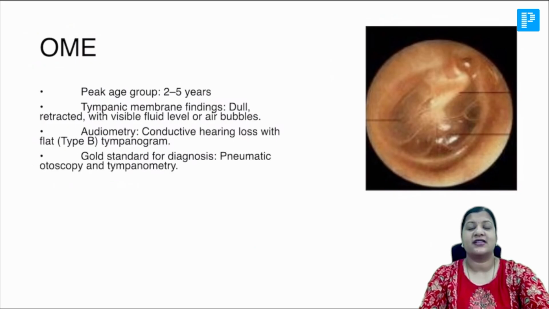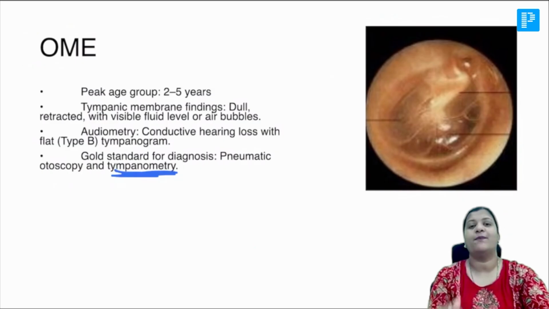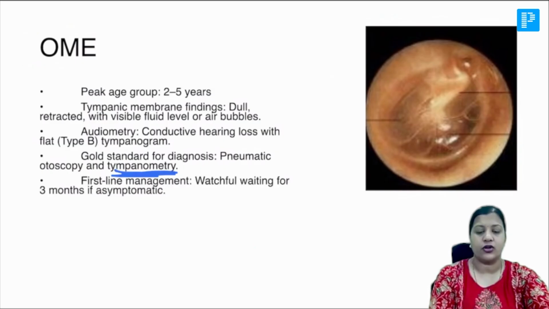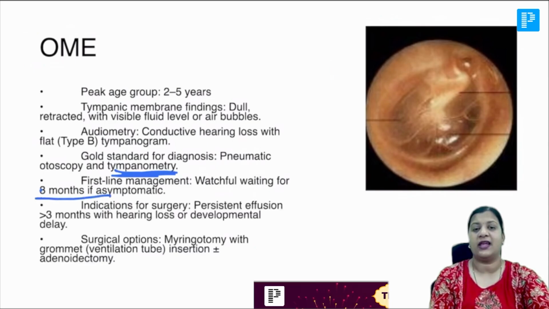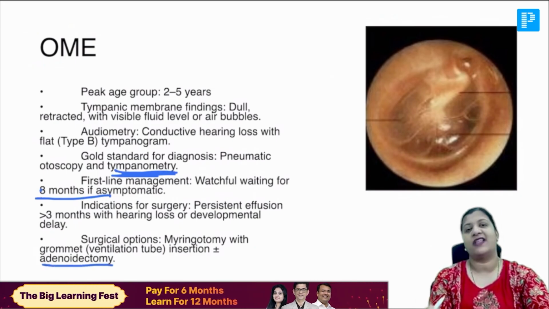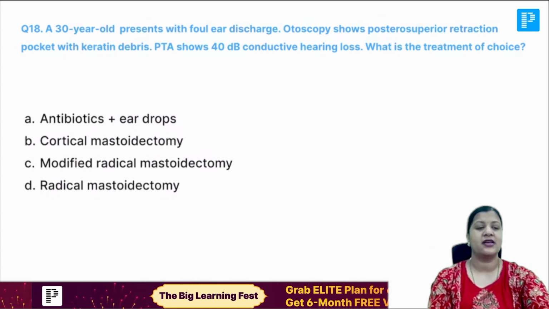Gold standard investigation is pneumatic otoscopy and tympanometry, where you get a B type of graph. The first line of management is wait and watch. For how long? For 3 months. And after 3 months, what will you do? You're going to do a myringotomy with Grommet insertion and adenoidectomy only if there are underlying adenoid features. Otherwise, you won't. Correct? Okay.